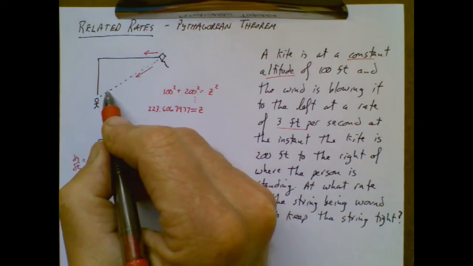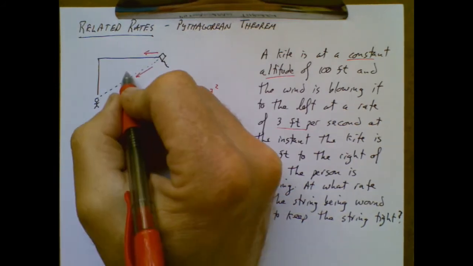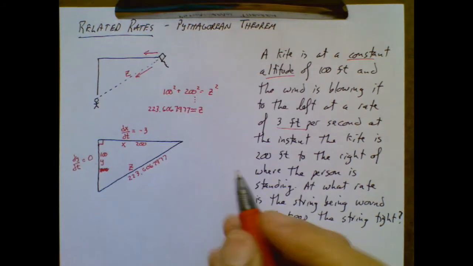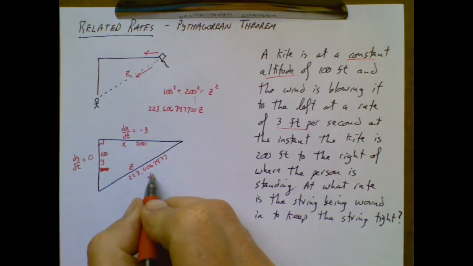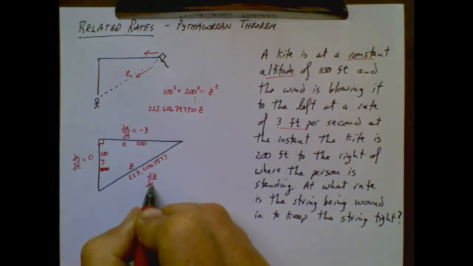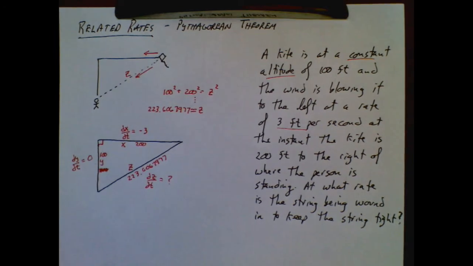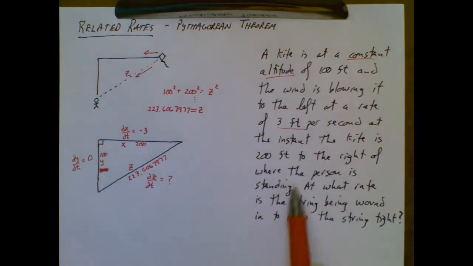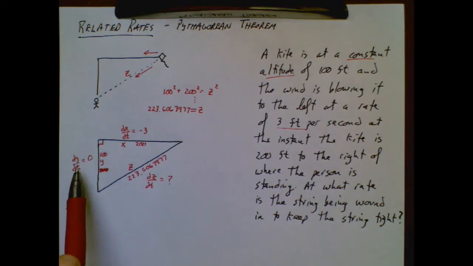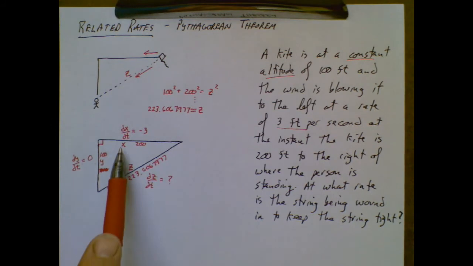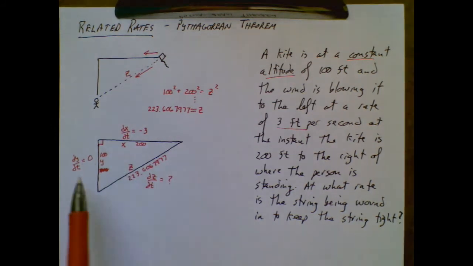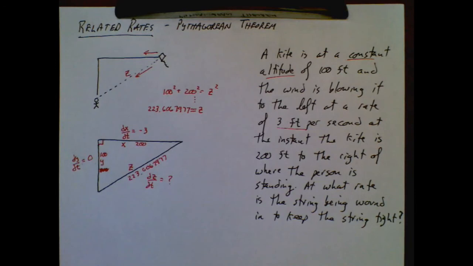So this string is being wound in. That is the value, or the letter z. And so what we found out is we are looking for the dz/dt. So a big part of your Pythagorean theorem problems is to take all of this information, and if you can, do 3 levels of labeling. 1, 2, 3 for each side. It's not always possible, but you should strive for that.